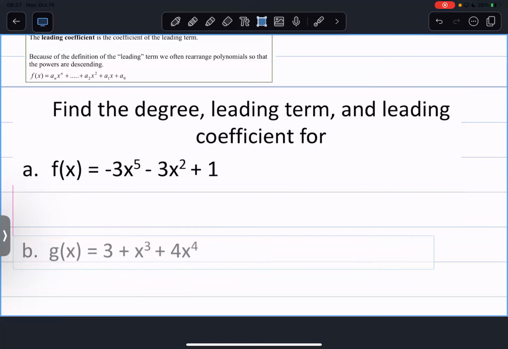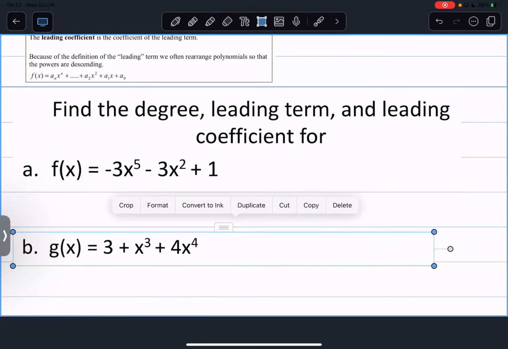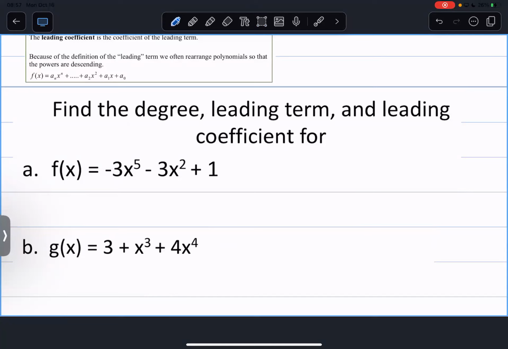First thing you want to do: if you're looking for the leading term, the leading coefficient, and the degree, it's super helpful if it's all listed in descending order in terms of the powers. That's the first thing I'm going to check. Looks good: x to the power of 5, x to the power of 2, x to the power of 0.